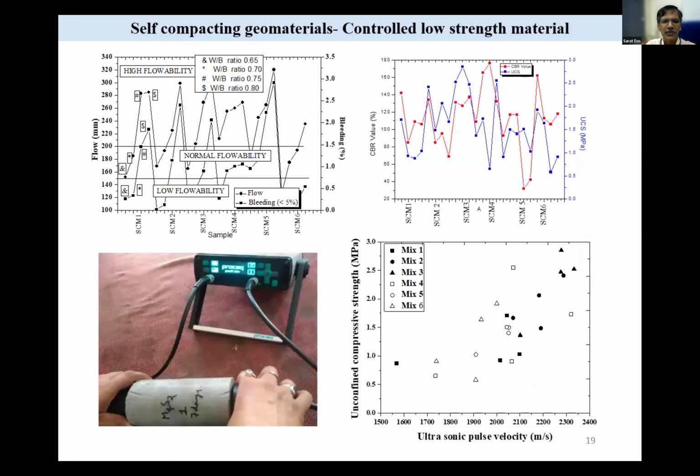Further, to know its compactness, we can use the same type of equipment we use for concrete, because when I'm using this industrial waste, there is always a chance the void space may be more. So sometimes, when we have compacted it and used it for pavement and other things, we may go for this type of ultrasonic pulse velocity to measure its compactness.